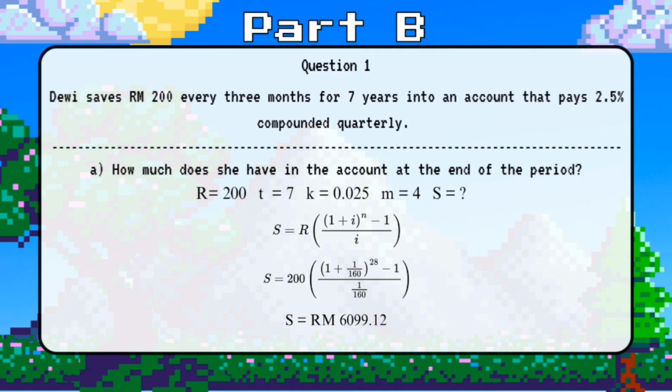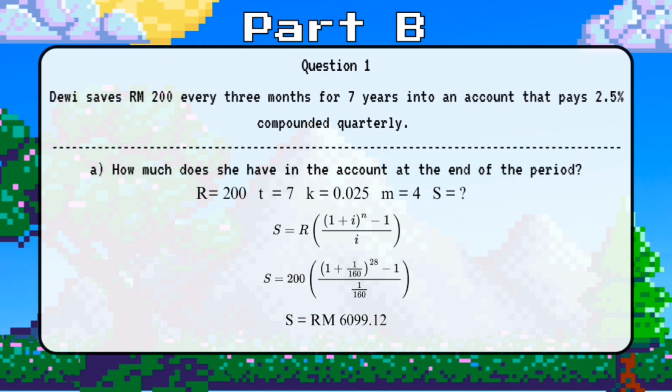Part B, question 1. Dewi saves 200 every 3 months for 7 years into an account that pays 2.5% compounded quarterly. Question A. How much does she have in the account at the end of the period? In this situation, we have to find the future value of annuity, which is S. To find the future value of annuity, we will use the formula S equals R bracket 1 plus i bracket power of n minus 1 over i.